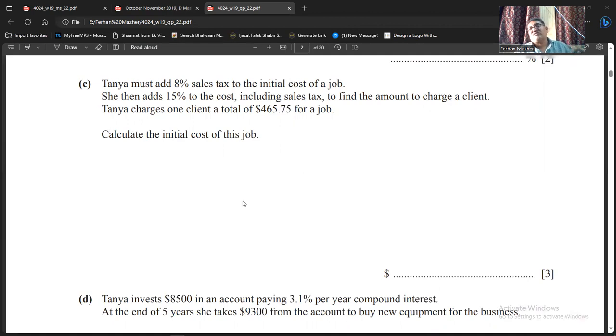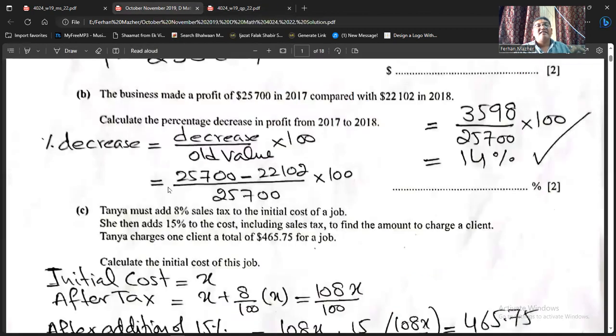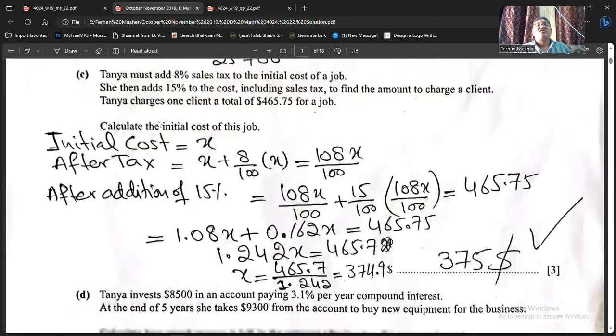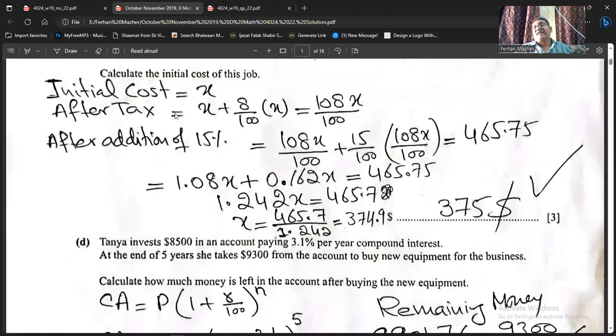Suppose the initial cost of the job is X, and then add tax in it. After the tax is added, the price will be X plus 8% of X, so that is 108X by 100. Then you have to add 15% to this amount. So 108X by 100 plus 15% of 108X by 100 equals 465.75.